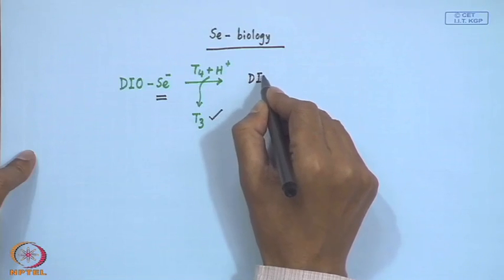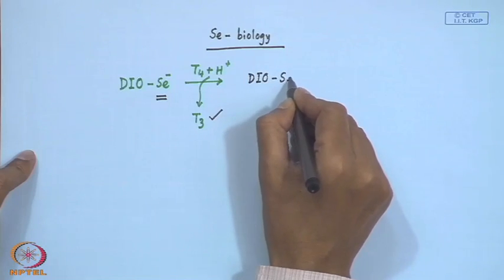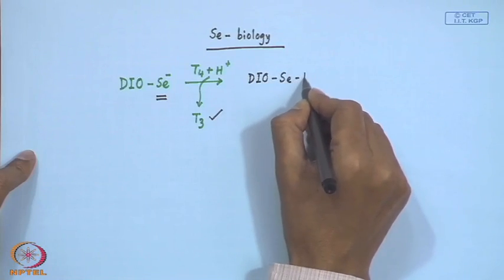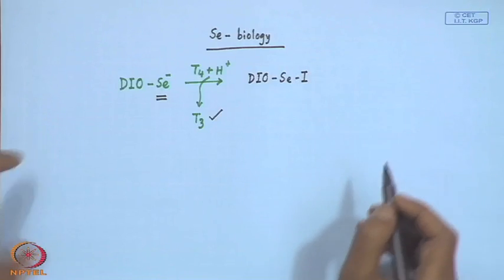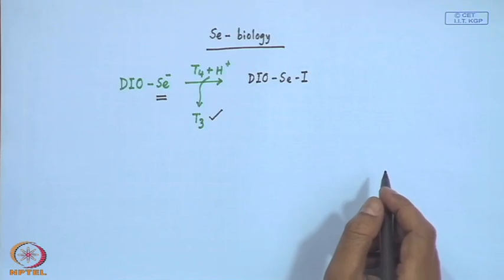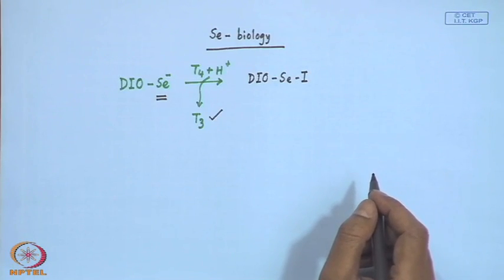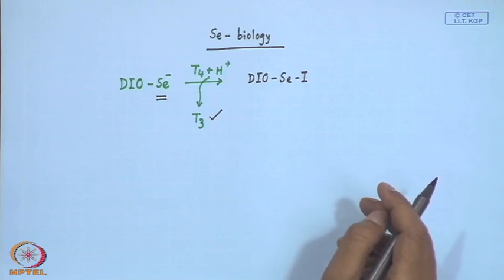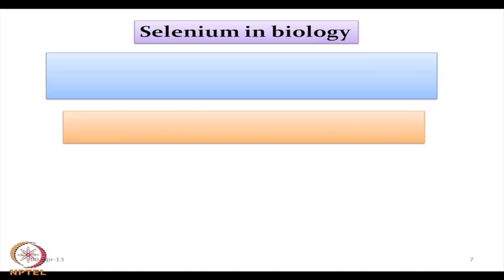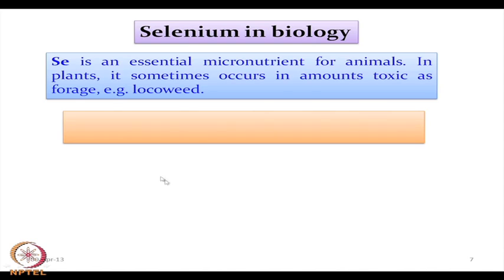So, in deiodinase we have the selenium, which is basically trapping the iodide group for the redox reaction for the formation of T3 from T4. So, this particular one can be considered a very useful micronutrient for animals and human beings.